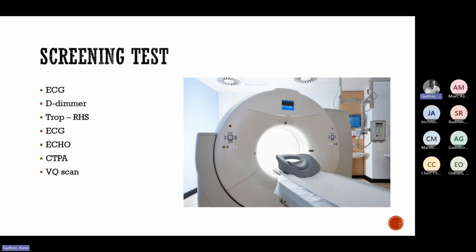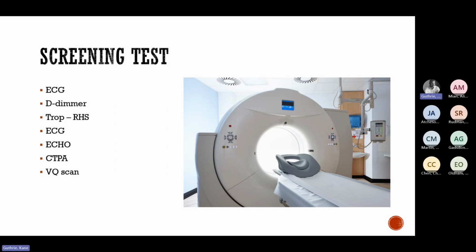Screening tests, we're looking for big PEs. We can sometimes see changes on ECGs where we look for S1, Q3, T3. It's not as sensitive as other tests. D-dimer doesn't tell us if someone's got a clot, but if it's positive, then we need to investigate further. Troponin, these patients will get right heart strain with massive PEs, and troponin is a predictor of badness.